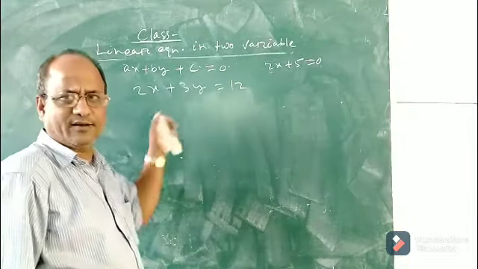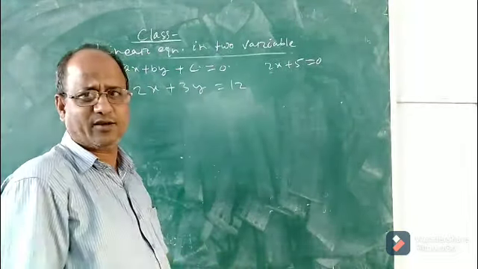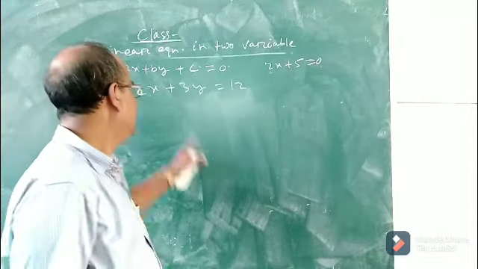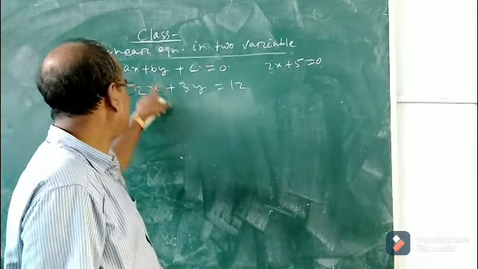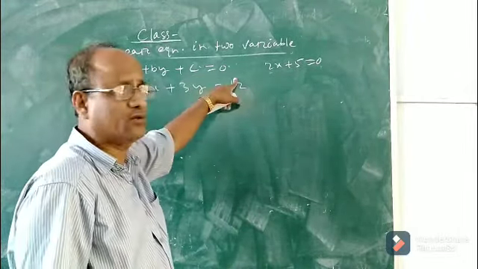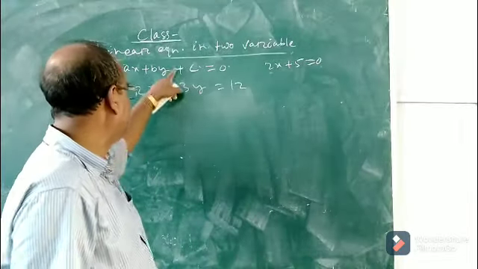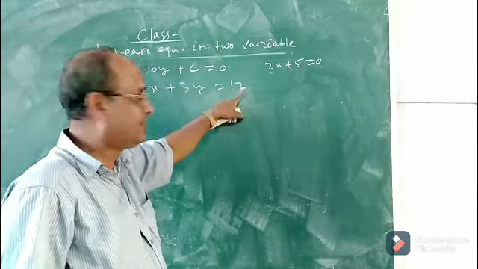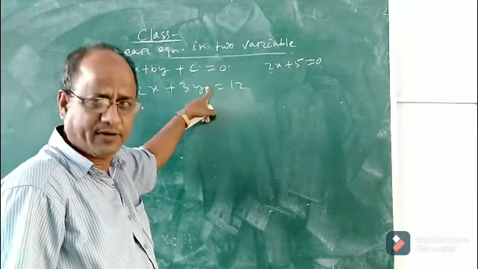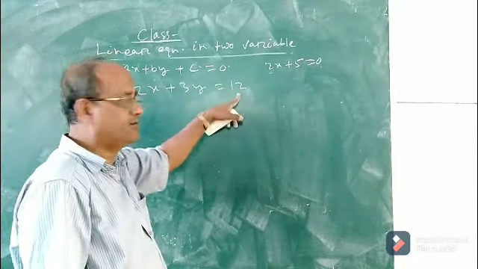Let us consider a linear equation in two variables. Children, it is again of the form ax plus by plus c equal to 0 where a is 2, b is 3 and c is minus 12. If this 12 comes to the left hand side, it will be minus, so c will be minus 12.